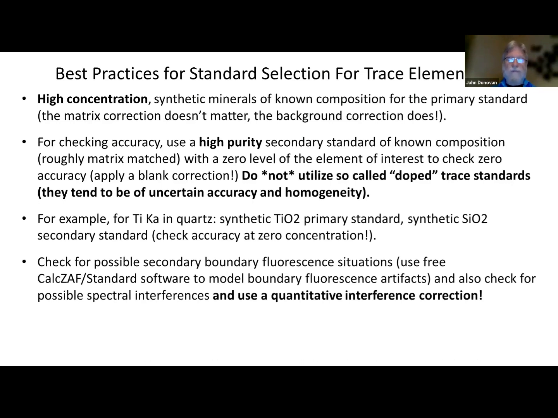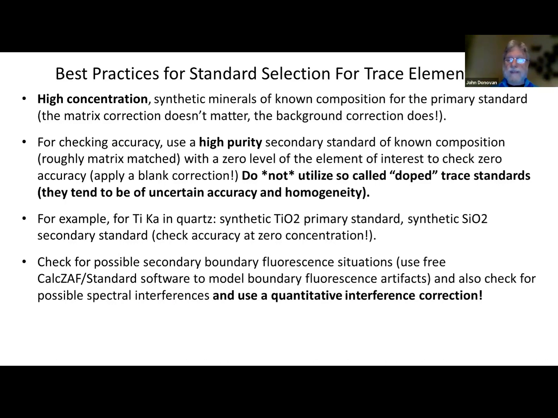I'll mention this later in the talk, but there's a free software, CalcSAF standard, and you use the standard software to model the boundary fluorescence using the EPMA Monte Carlo simulation code, and you can know right away that you might have a problem if you get too close to a boundary. That is when you're measuring a trace element next to a grain, the boundary of a grain that has a high concentration of that element.